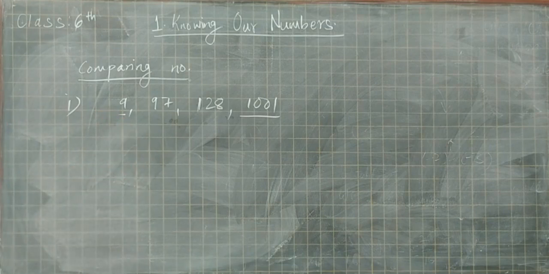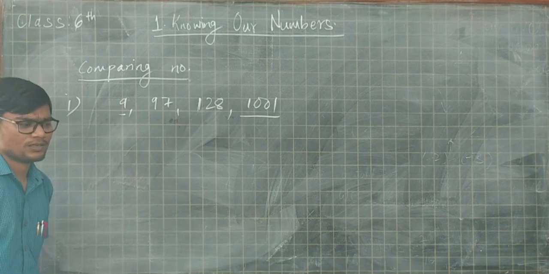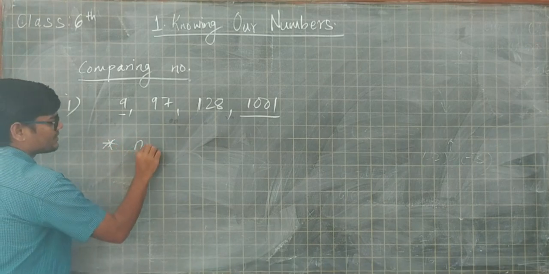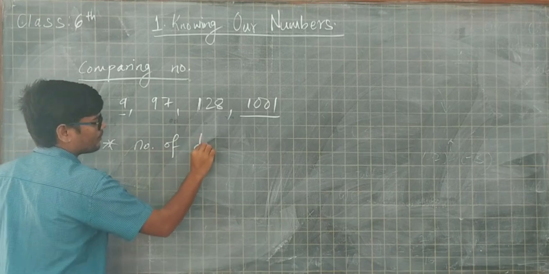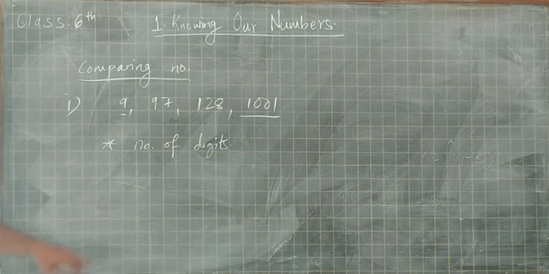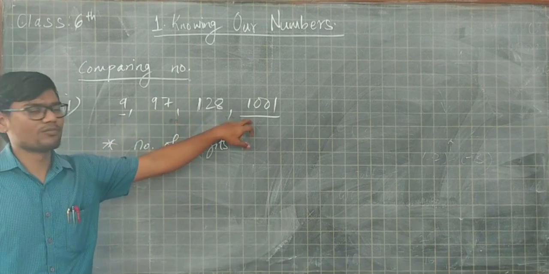So, how to identify the greatest and the smallest number from a given collection of numbers, or how to compare numbers? First thing which comes to our mind is the number of digits. Greater the number of digits, greater will be the number.